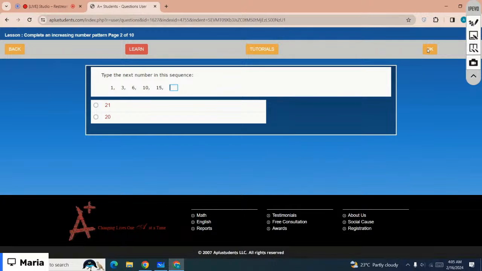Type the next number in the sequence: 1, 3, 6, 10, 15. So, which is the next number in the sequence?